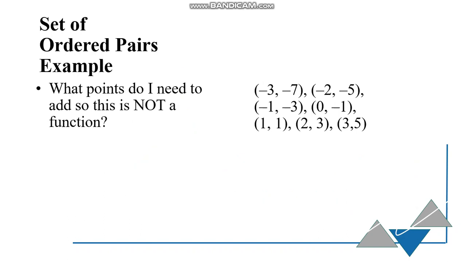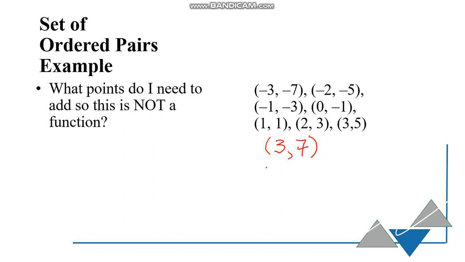So what point or points do I need to add to make this not a function? Well, if I take any x value I already have, let's take 3, and assign it to something other than 5. Let's pick 7. Now this is not a function.